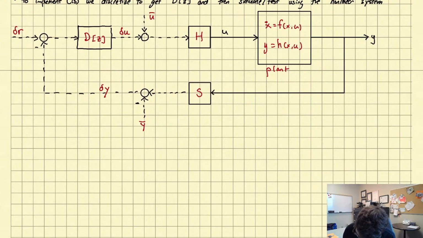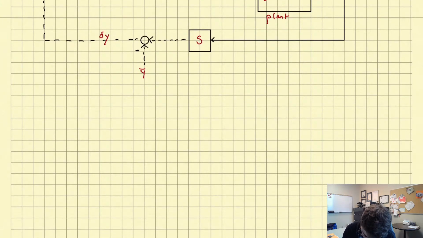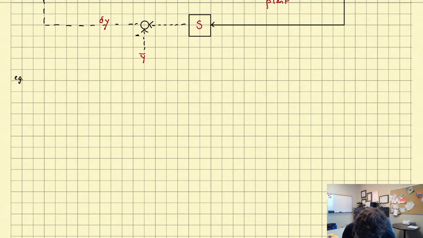So for example, if we made the following command. Suppose that delta r jumps up to 0.25 for a few steps and then comes back down to 0. So delta r, say, 0, 1, 2, 4, 7.